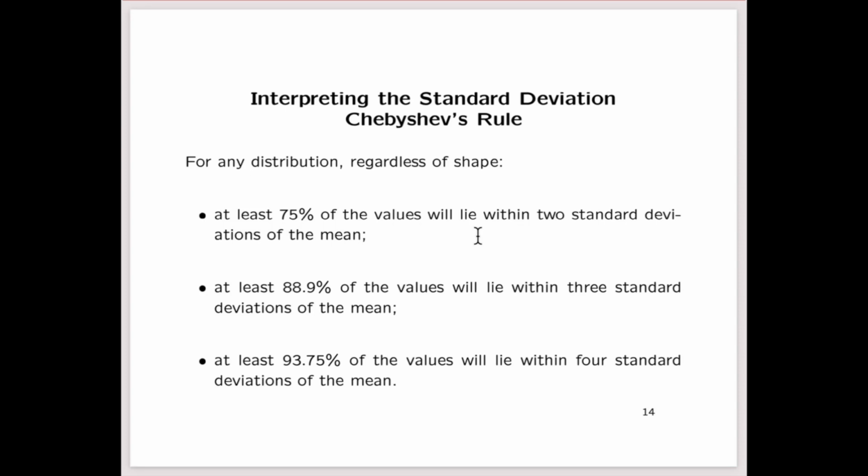And at least 93.75% will lie within 4 standard deviations of the mean. One thing I want to point out is that we're not saying approximately here, and we're also saying at least. So what we've got here are lower bounds on the probability that a random variable will be within a certain number of standard deviations of its mean.